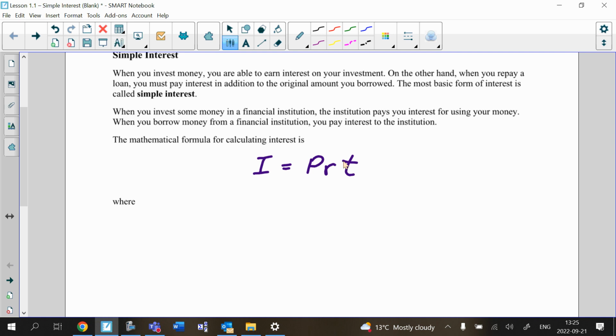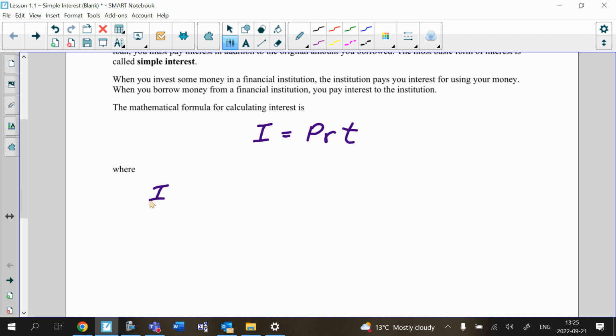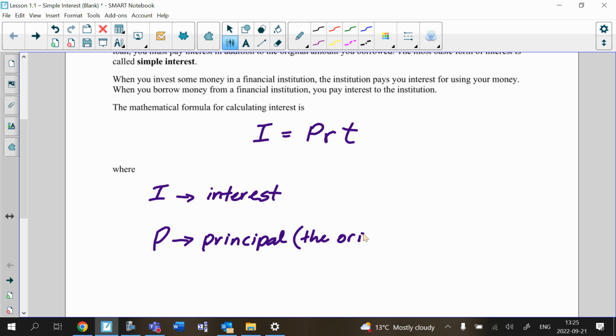So I represents the interest you get or you have to pay. P is something we call the principal, and that is the original amount borrowed or invested.